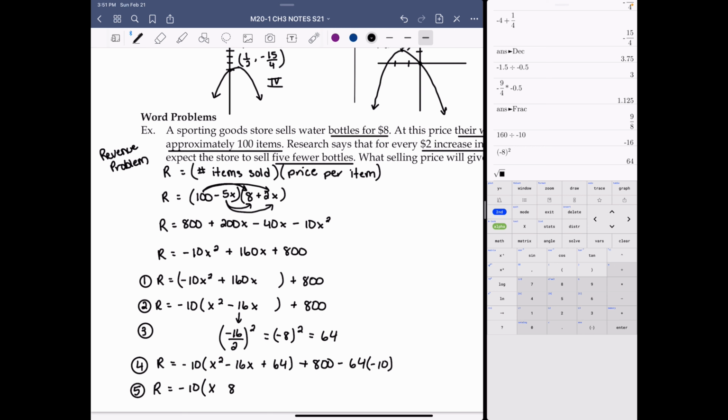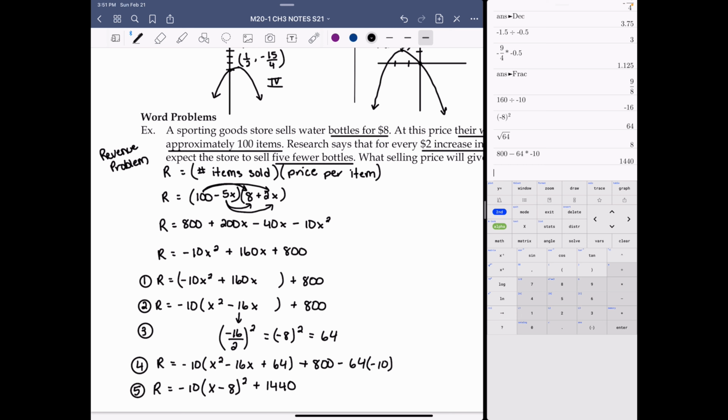And the middle term in the trinomial is negative, so x minus 8. The binomial is squared. Then we have 800 minus 64 times negative 10, which is 1,440. So plus 1,440.